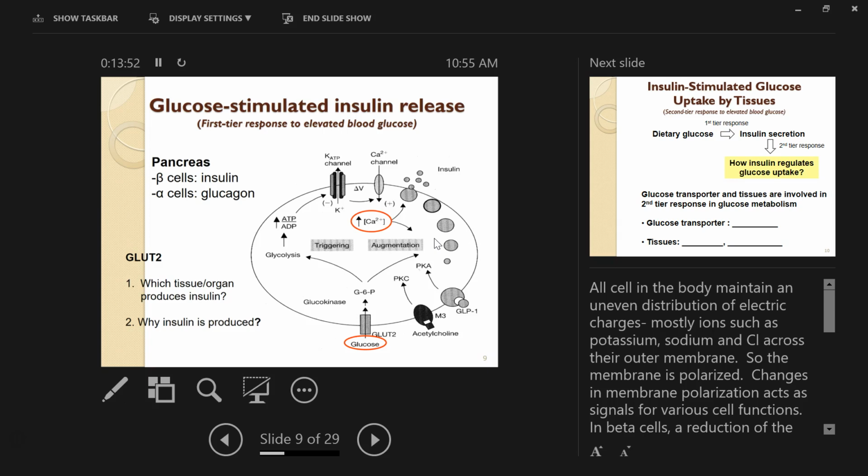The potassium channel actually closes, and the calcium channel opens, so potassium is blocked from going out of the cell and calcium goes inside of the cell, causing increased calcium concentration. This eventually stimulates movement of the insulin secretory granules and increases insulin secretion, right?